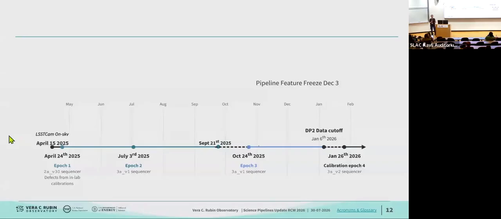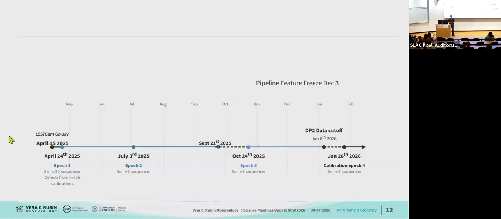I'm going to go a little bit into what Data Preview 2 is, since you're going to be seeing plots from regions of the sky. So we were on sky last year from April 15th and beyond. Between April and the shutdown in October, we were mostly focused on taking images for validating the as-built system and commissioning the science pipelines themselves, even though we had tested them on precursor data sets.